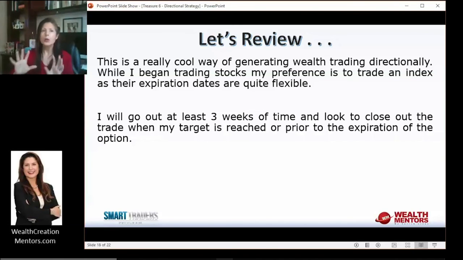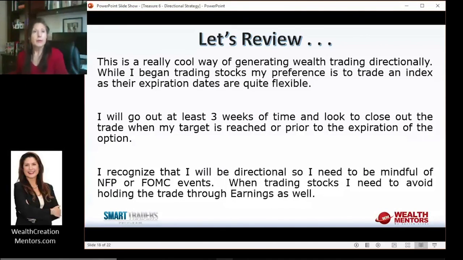I want to see what is it going for? And if it's going for $15, that's my target. I buy the option for $7. I put a target of $15. I leave it alone. And then as it's starting to approach my third week, I should be out, or I want to close it out. Isn't that the coolest thing?